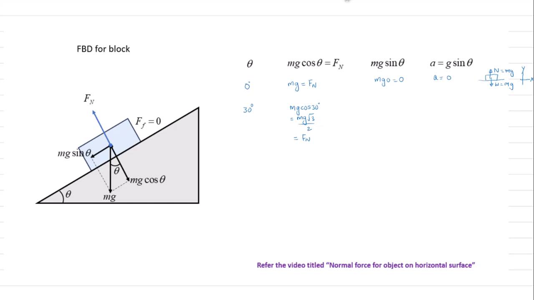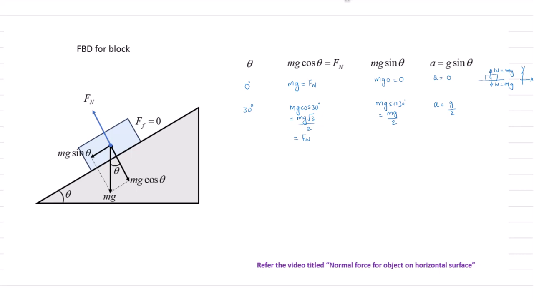And the component along the inclined surface will be mg sine theta, which is mg sine 30, and which will be equal to mg by 2. And the acceleration in this case will be equal to g sine theta, which is g over 2.